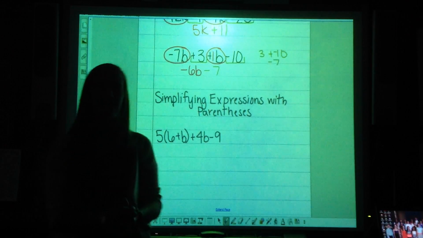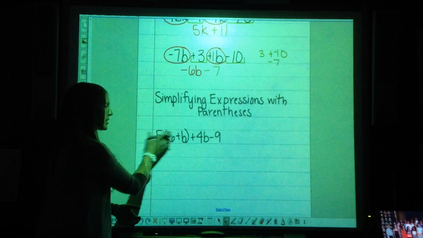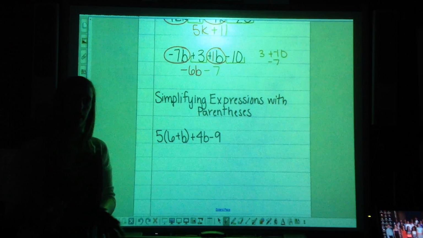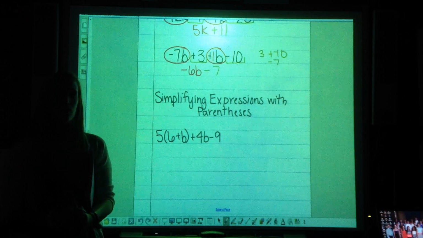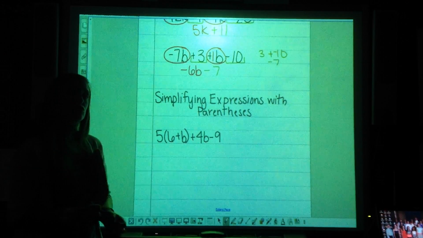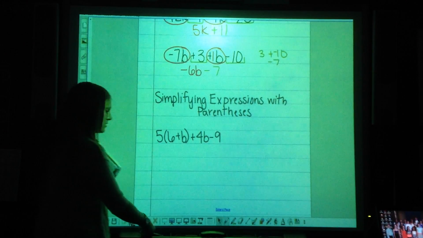This is combining our last two lessons together. You're going to have to do multiplication before you start combining like terms, before you start adding and subtracting. It's just like following order of operations. So do the distributive property first, and then combine like terms.